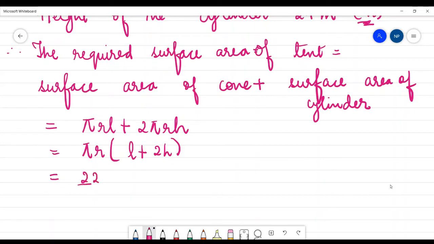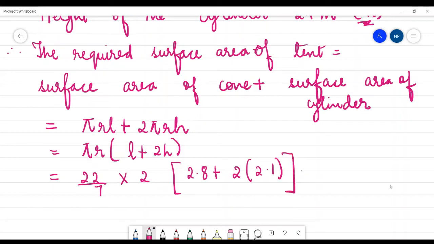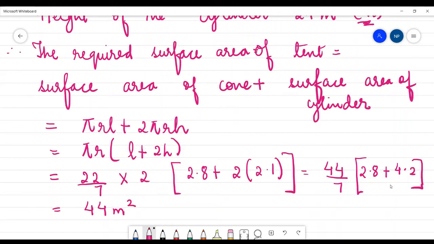So this becomes 22 by 7 into, radius is given as 2, L is given as 2.8 plus height is given as 2h, that is 2 into 2.1. So we are left with 44 by 7 into 2.8 plus 4.2. On calculating, you get the answer as 44 meter square.